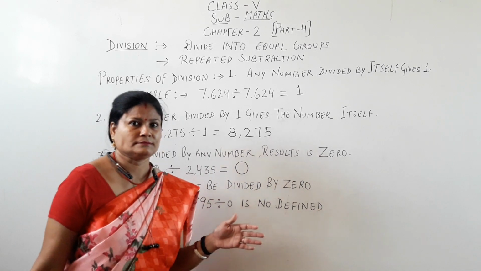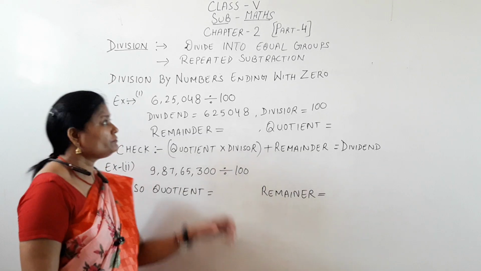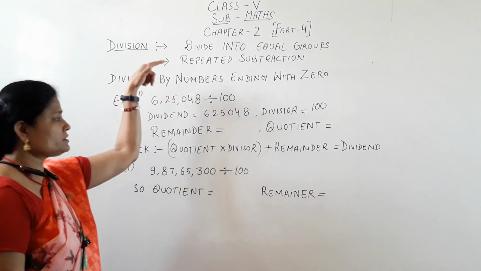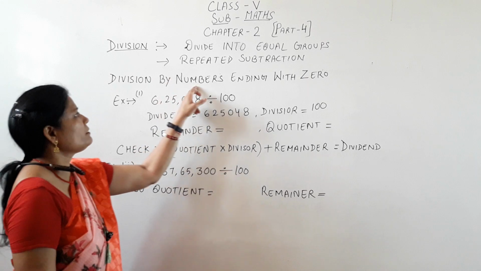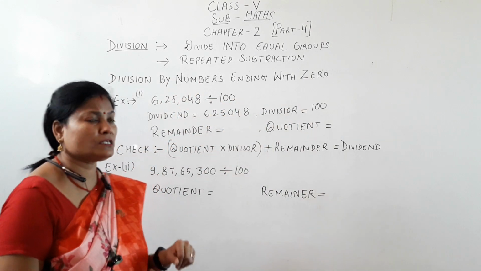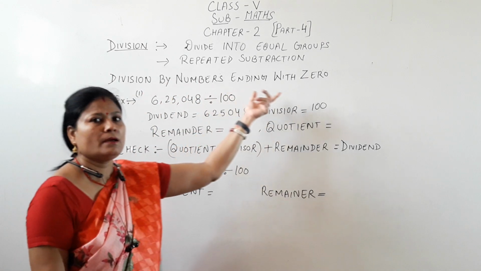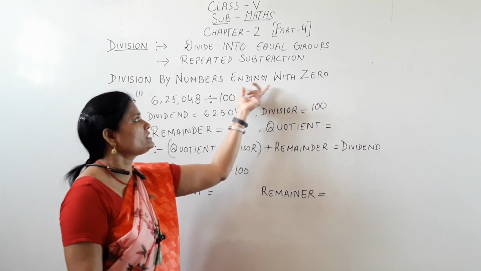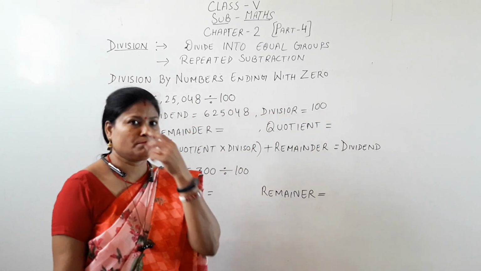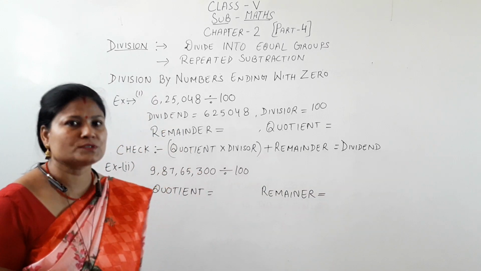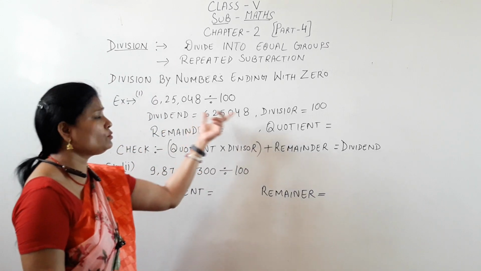Understood? Yes children, we have studied division and all the properties of division. Now see, division by numbers ending with 0, or we can say a number divided by a multiple of 10, meaning 10, 100, 1000 and so on. How do we divide?